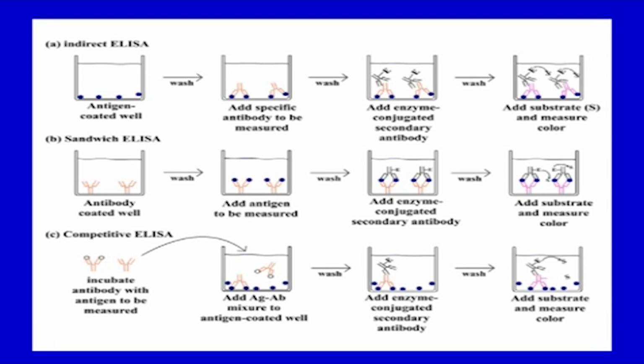And then there is competitive ELISA, where first antigen and antibody interact outside and form the complex, then they are added to the antigen coated well, and then there will be a competition, and the unbound antibodies will be washed off, and finally you will see the signal.